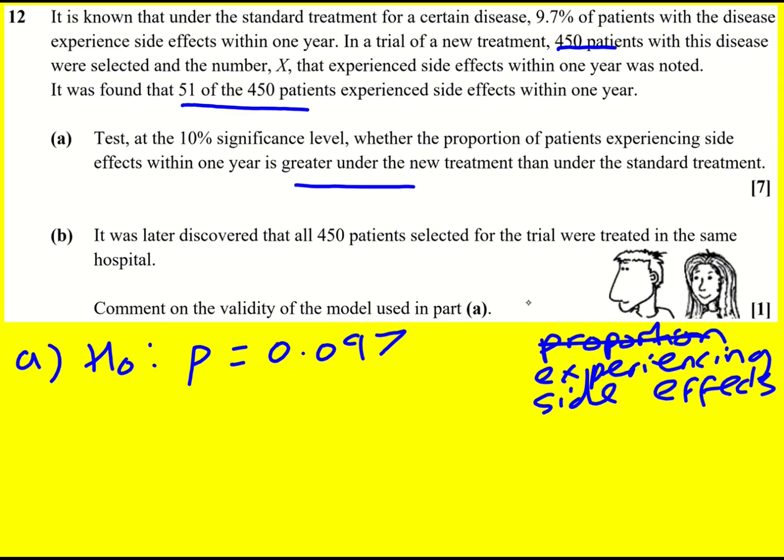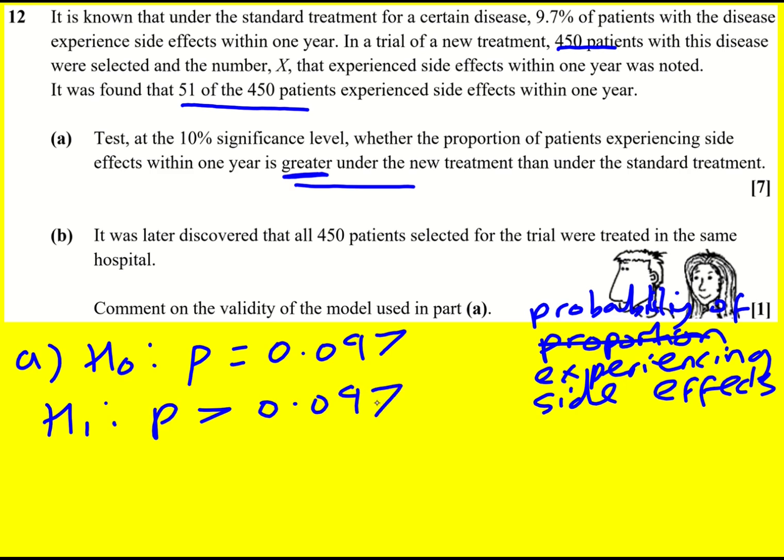Or I should actually say the probability of experiencing side effects. And then H1 is that it's gone up under the new treatment. So P is greater than 0.097.